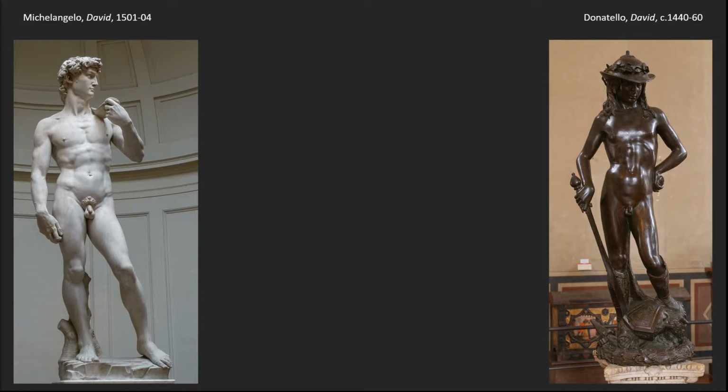So the body's different. What else? What other things has he changed from the prototype? He's not standing on the head of the giant. The head of the giant is gone, right? There's a lot of little anecdotal details that are gone. The head is the most prominent.